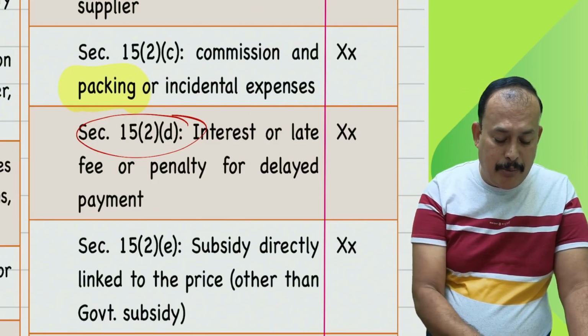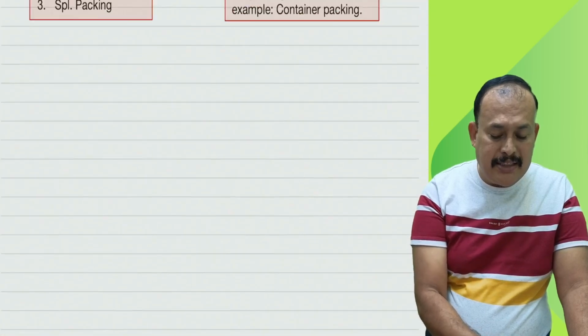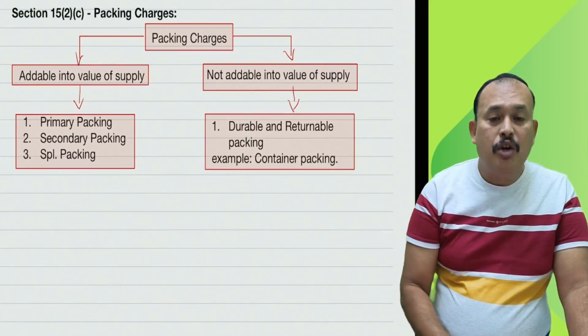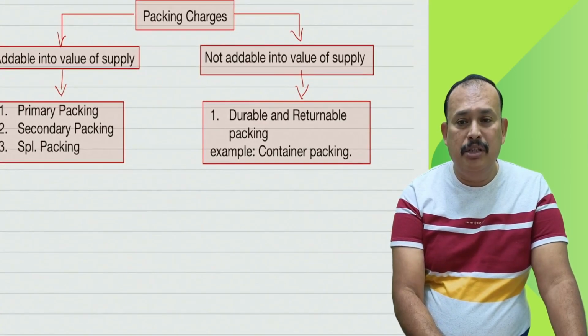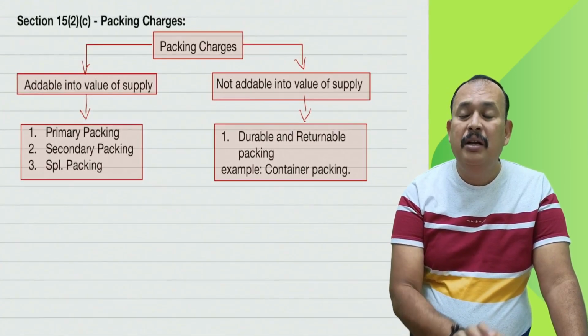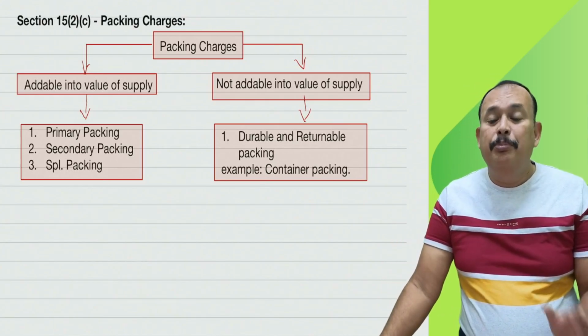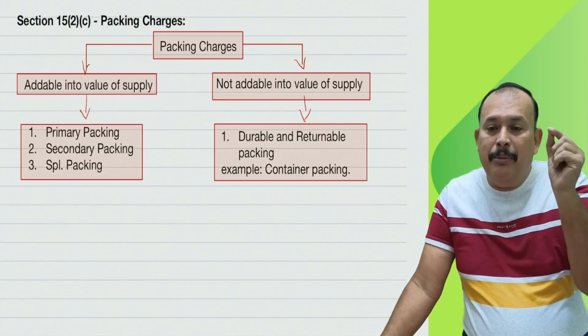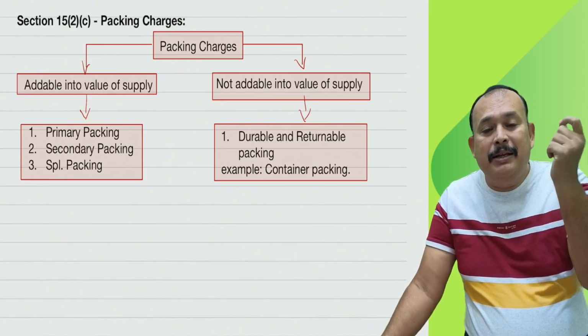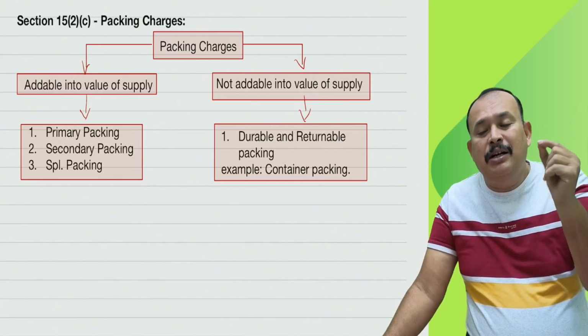Section 15(2)(c): commission, packing charges and other incidental expenditure. Primary, secondary and special packing should be added.